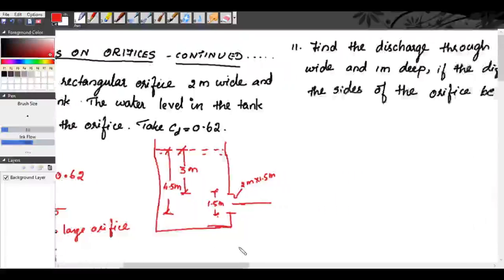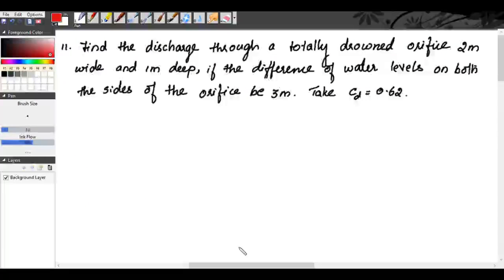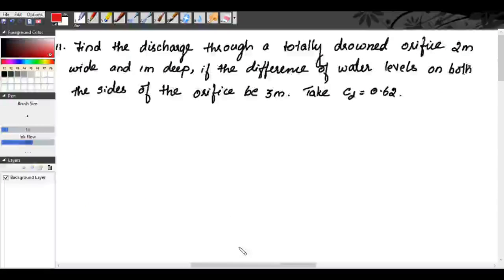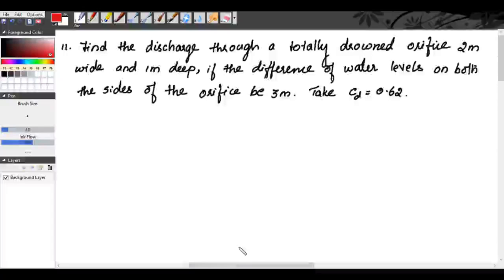So the next problem is to find the discharge through a totally drowned orifice. Totally drowned orifice is nothing but a fully submerged orifice.